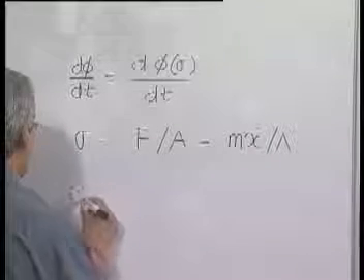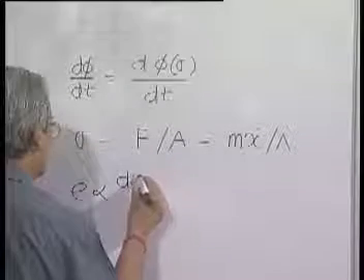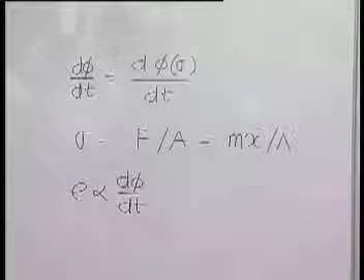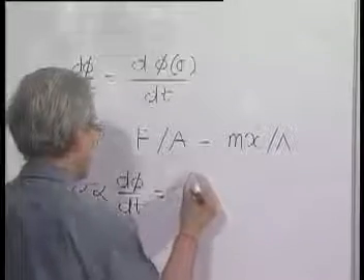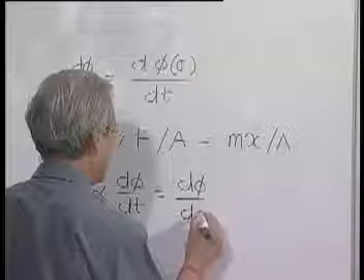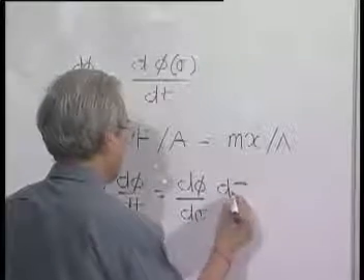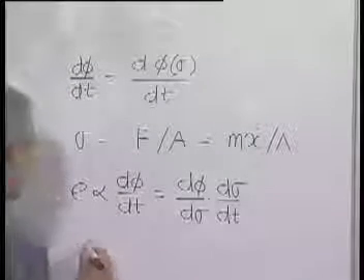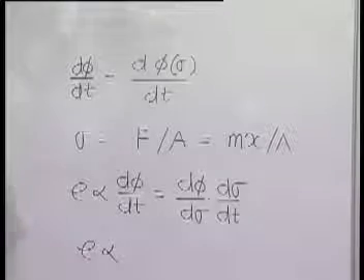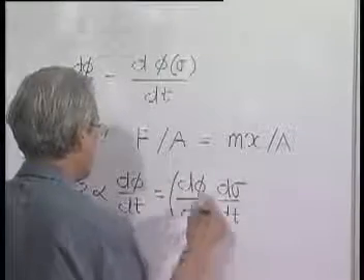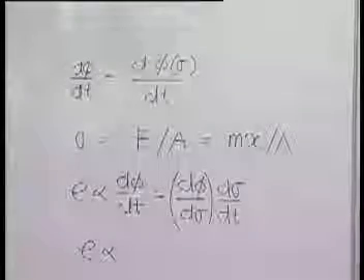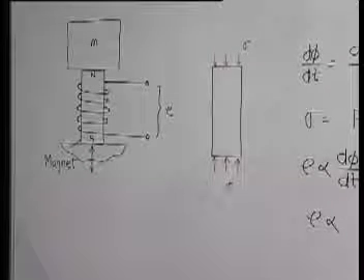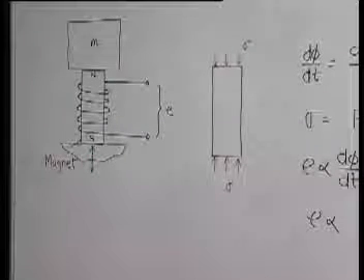Now, the voltage generated is proportional to d phi/dt, or d phi/dt can be written as d phi/d sigma times d sigma/dt. So effectively E becomes proportional to, you see, d phi/d sigma is a quantity which depends on the configuration, dimensions, material and so on. That means the system or the equipment property. So it can be treated as something constant for a particular experiment.